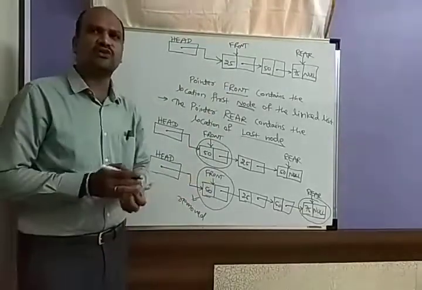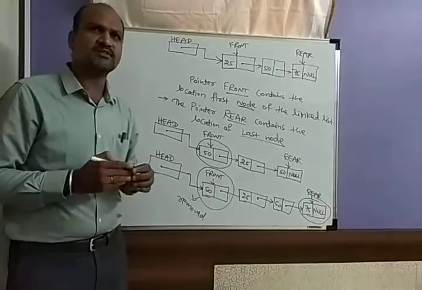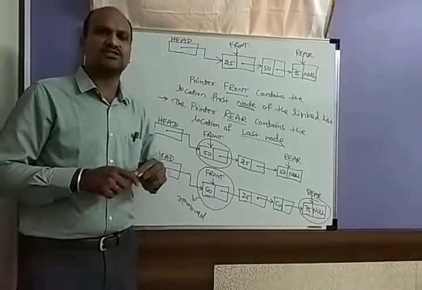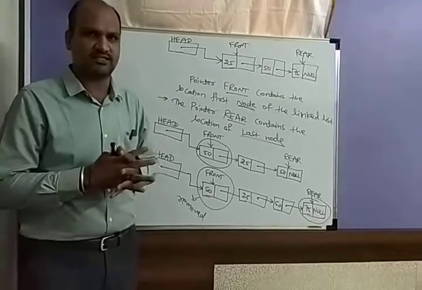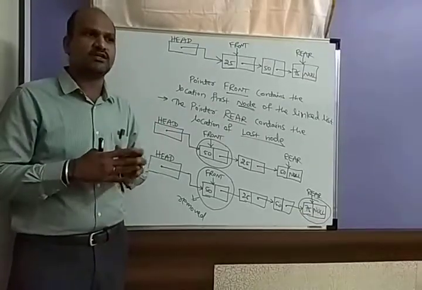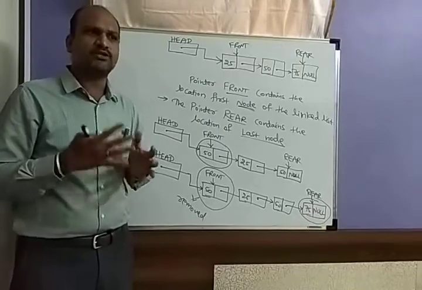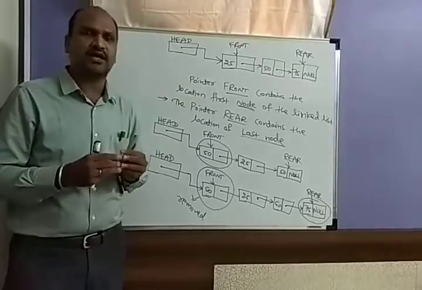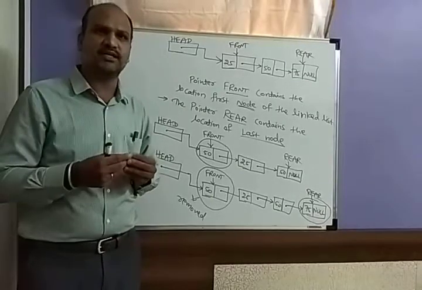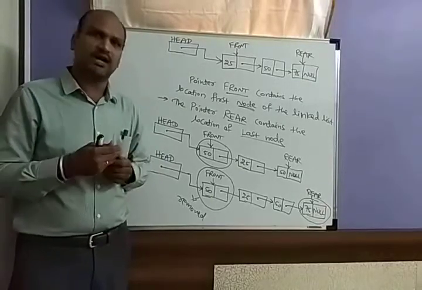Okay. So this is how you have to represent the Q in arrays and linked lists. In the next class, or in the next video, we will discuss how exactly the Q will be inserted and how exactly the Q will be deleted using some algorithms.